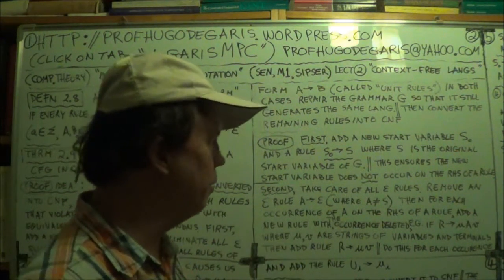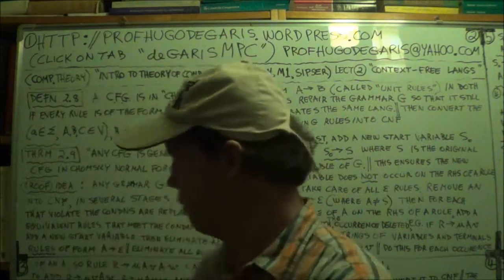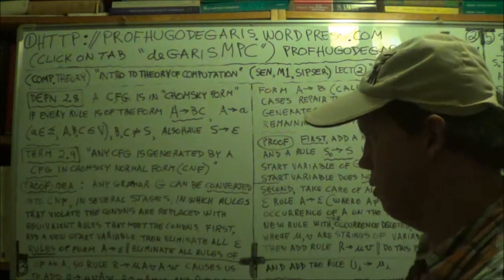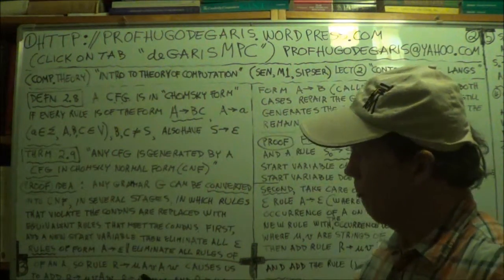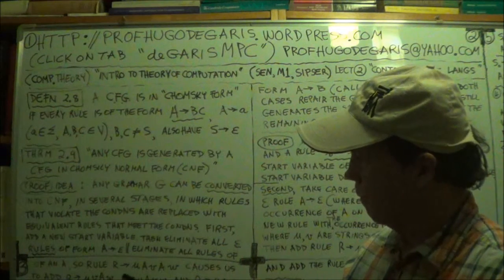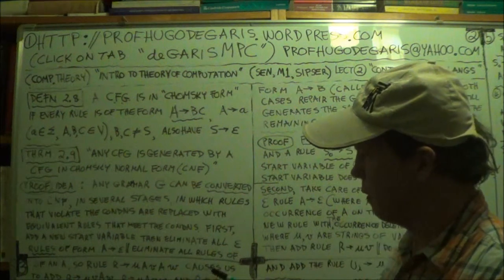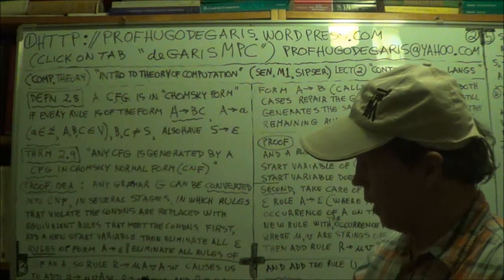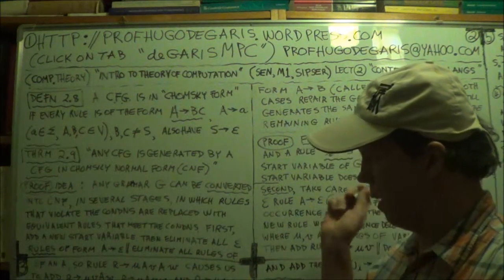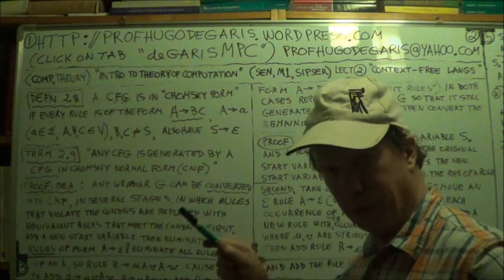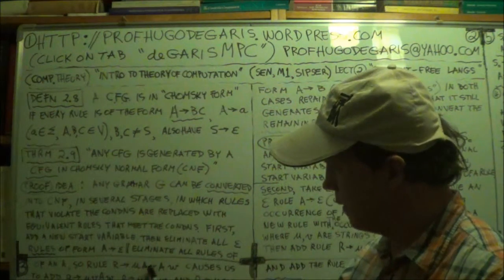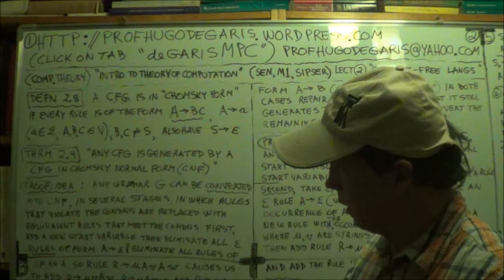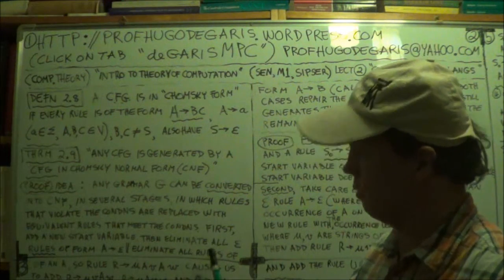Here's an example: let's say you had a rule A arrow epsilon, and here's a rule with A's in the right hand side.